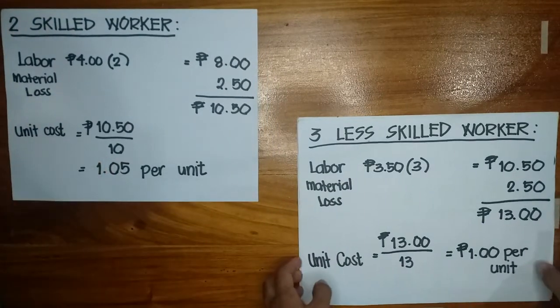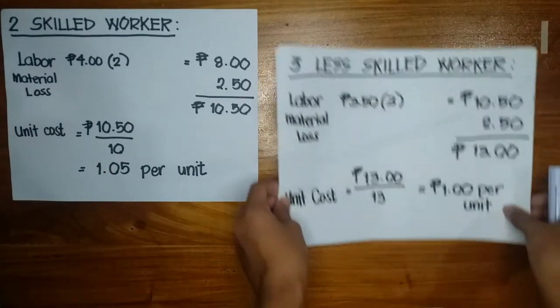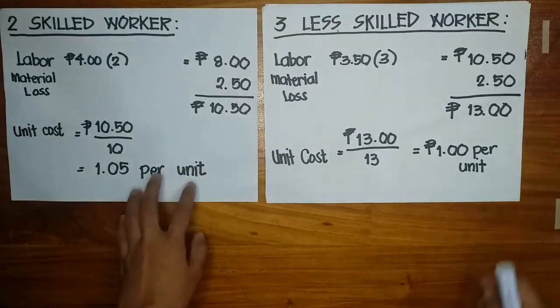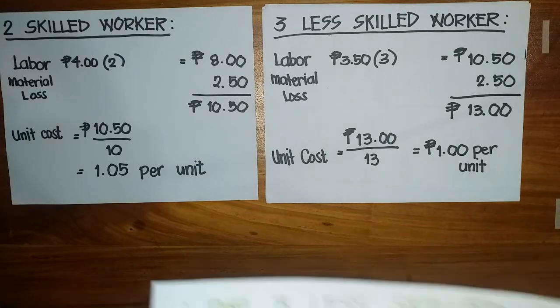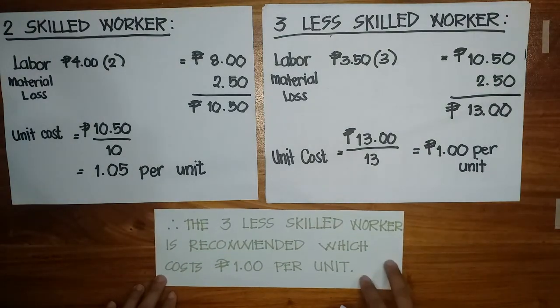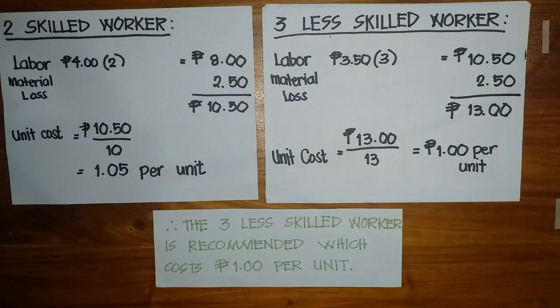So, kay 2 skilled workers at kay 3 less skilled workers, makikita nyo, mas mura ang mapoproduce nung tatlong less skilled workers. So, ano ang magiging sagot natin base sa ating analysis? Therefore, the 3 less skilled workers are recommended, which cost 1 peso per unit.